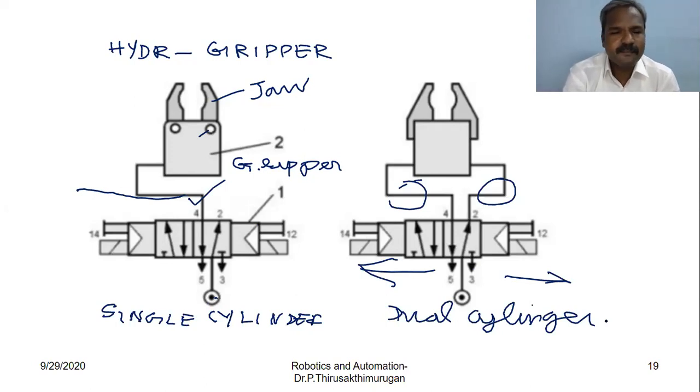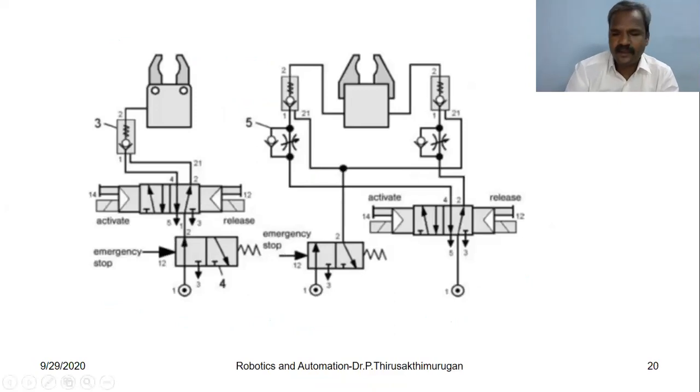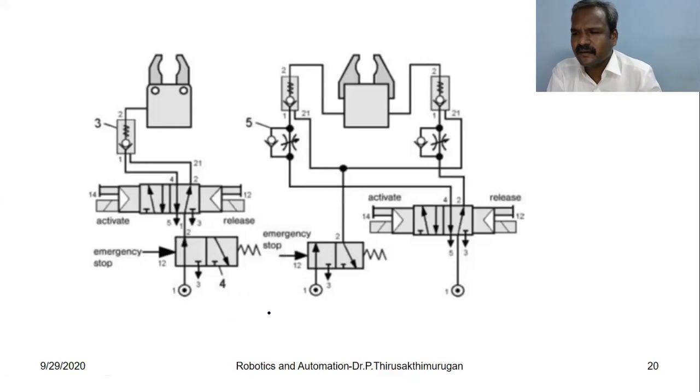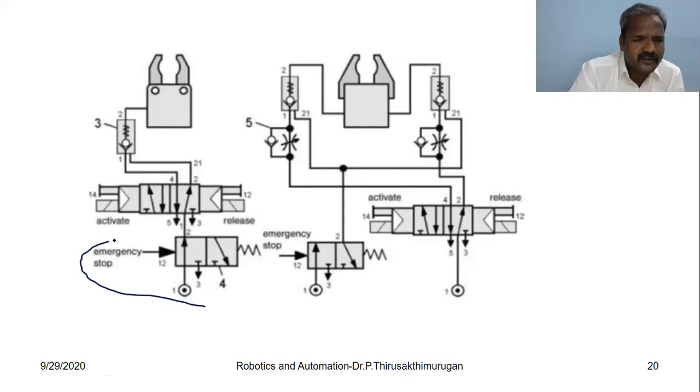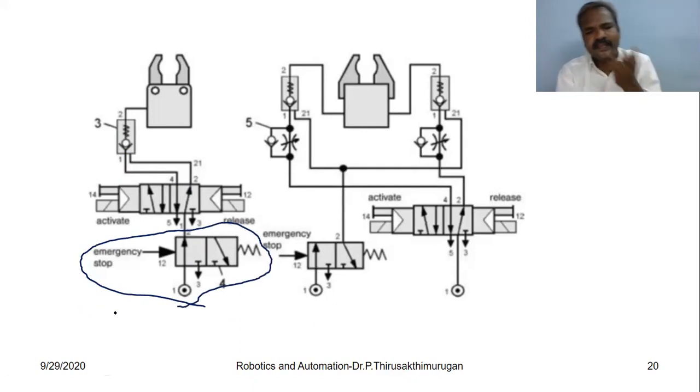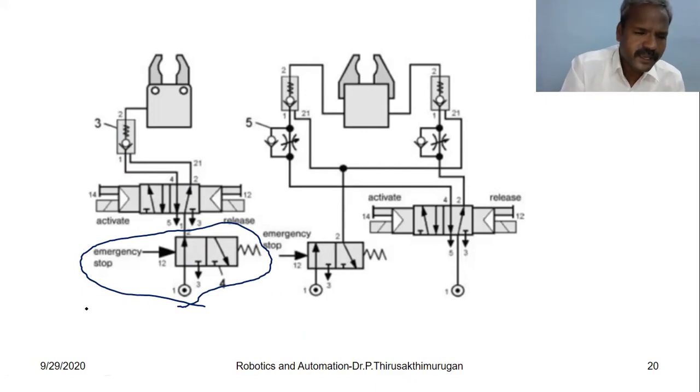So these grippers come with some safety precautions, safety measures. Here, in this gripper, this mechanism is employed for safety precaution of prehension force during power failures.